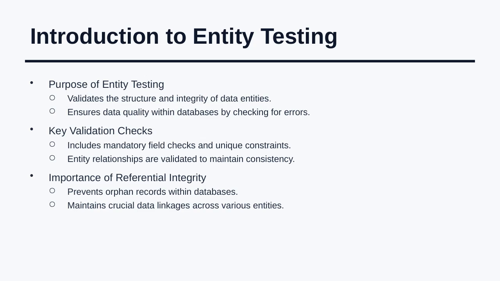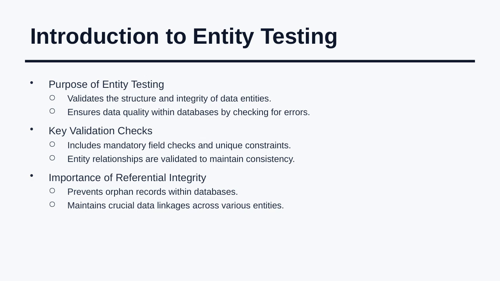Entity testing focuses on making sure that the data entities in your database are structured correctly and free from errors. This means checking that all required fields are filled in and that values meant to be unique don't repeat. It also involves verifying relationships between different entities so the data remains consistent and meaningful.